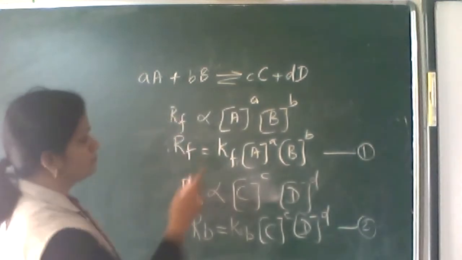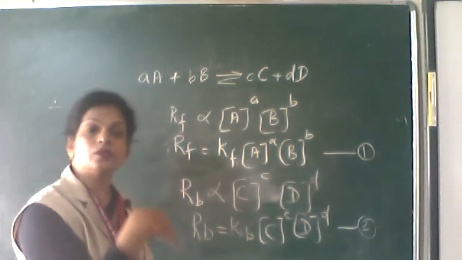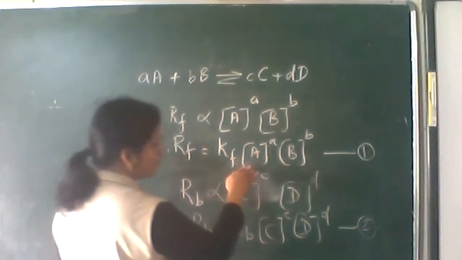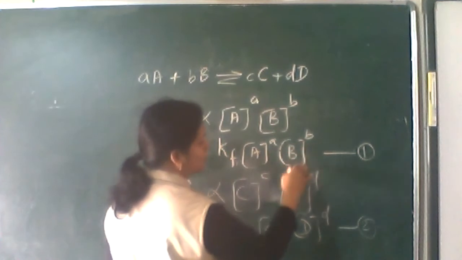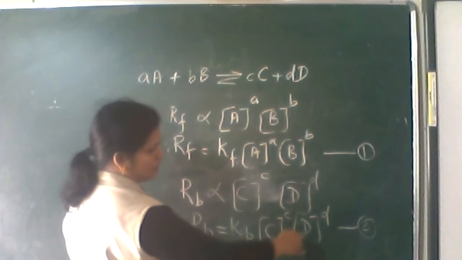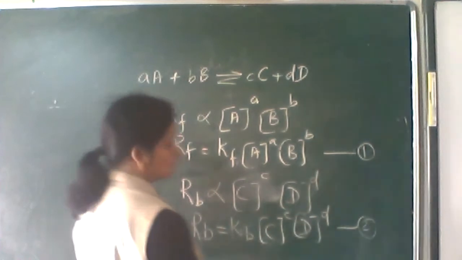At equilibrium, the rate of forward reaction becomes equal to the rate of backward reaction. That means Kf into A to the power a into B to the power b is equal to Kb into C to the power c into D to the power d.